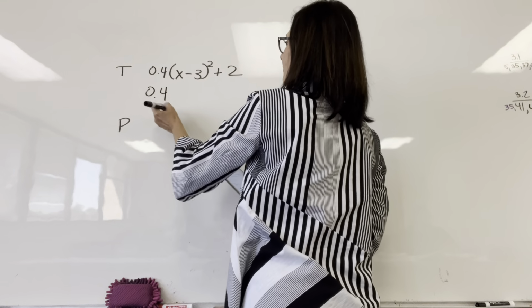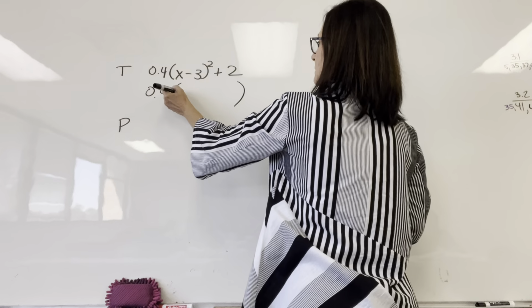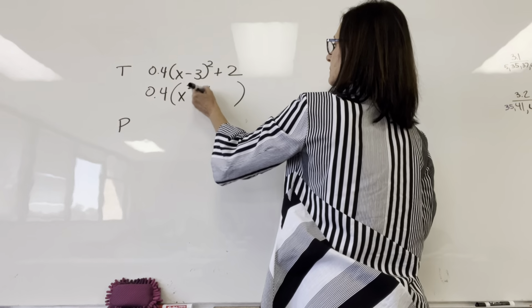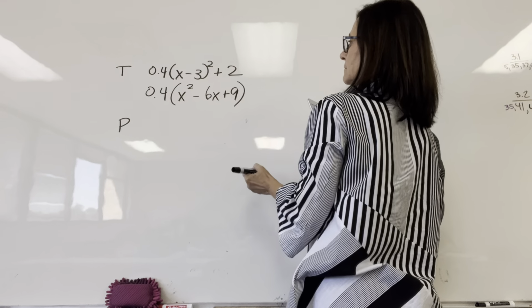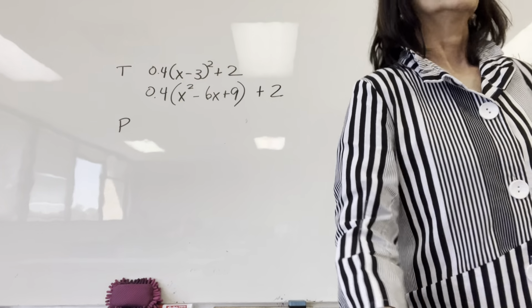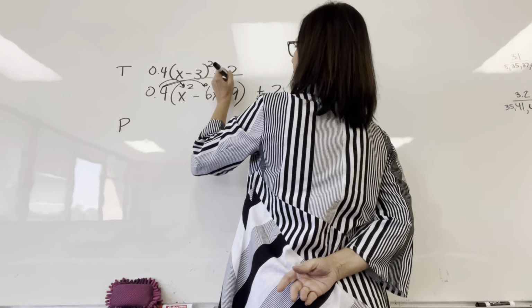So it's 0.4 times what is x minus 3 squared? Got it? Distribute the 0.4.